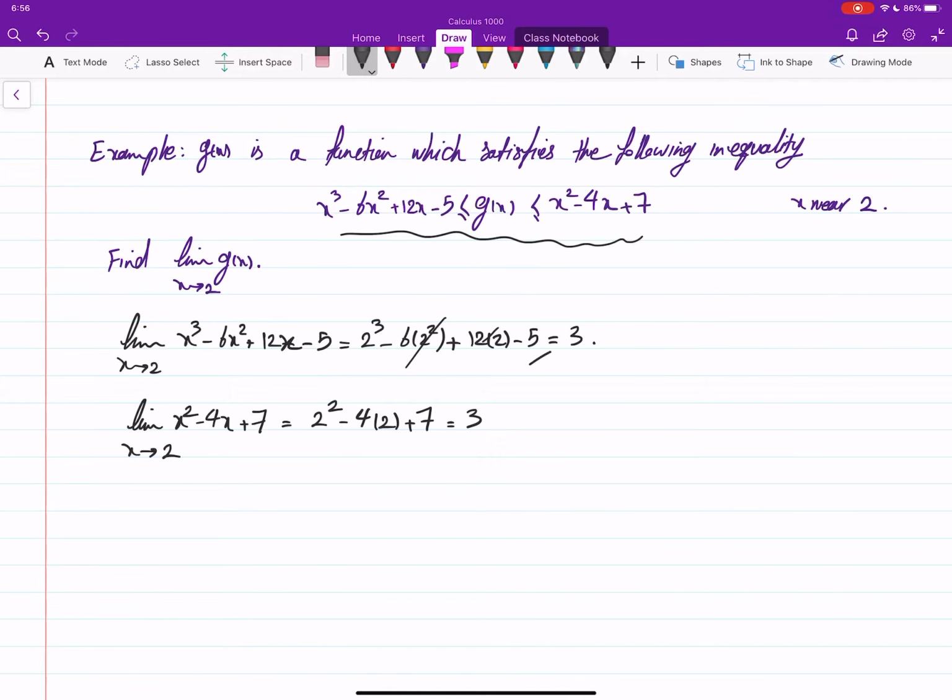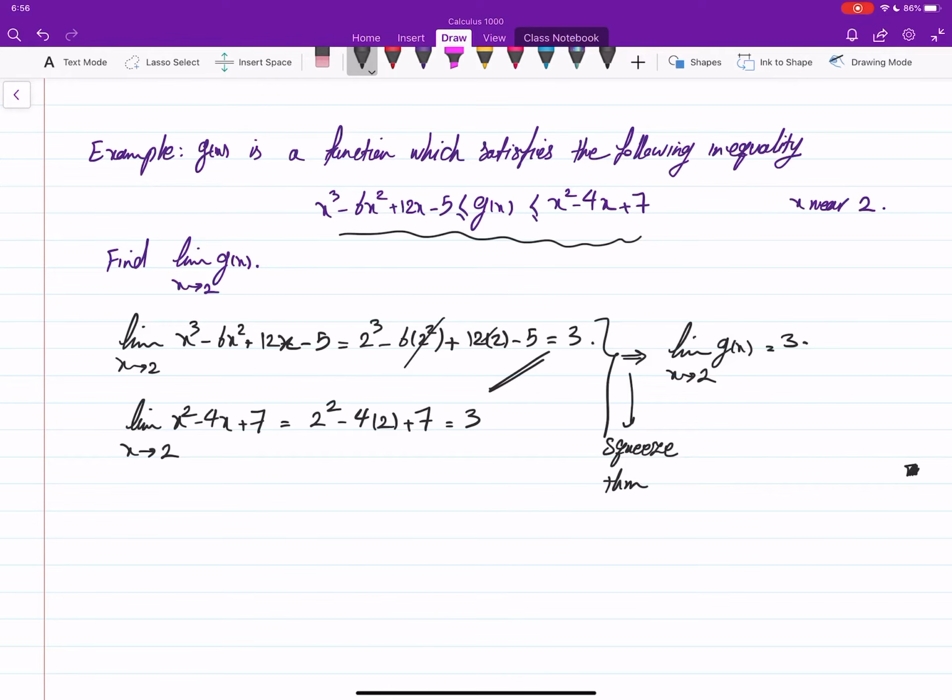These two have the same limit, so as a result of the Squeeze theorem, they will squeeze the middle function, which we don't have any other information about, and its limit as x approaches 2 is going to be equal to 3.